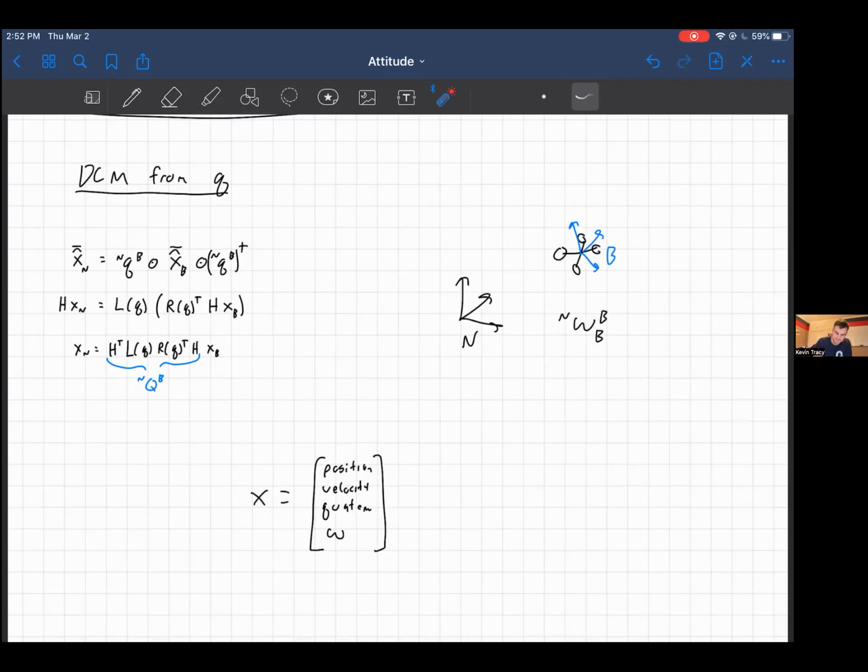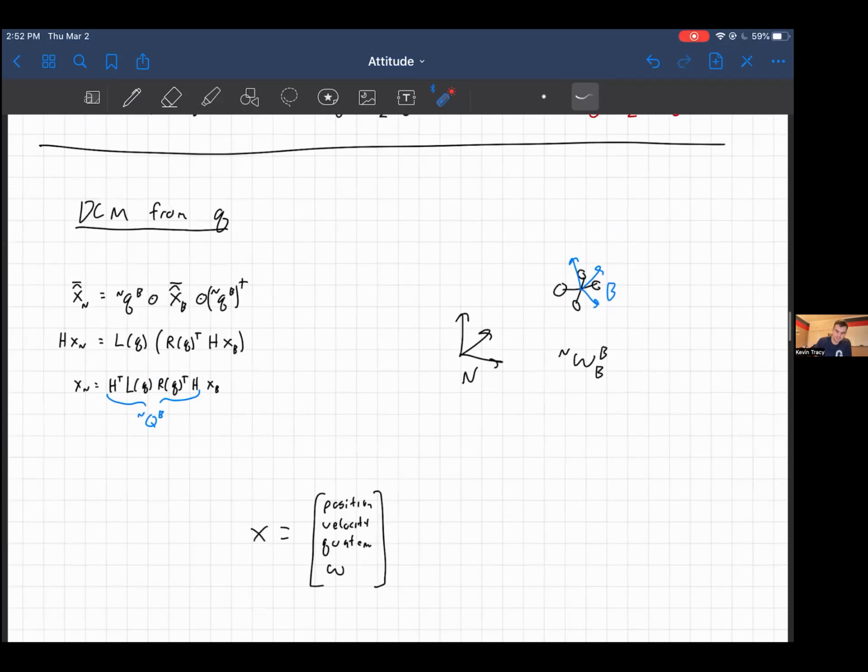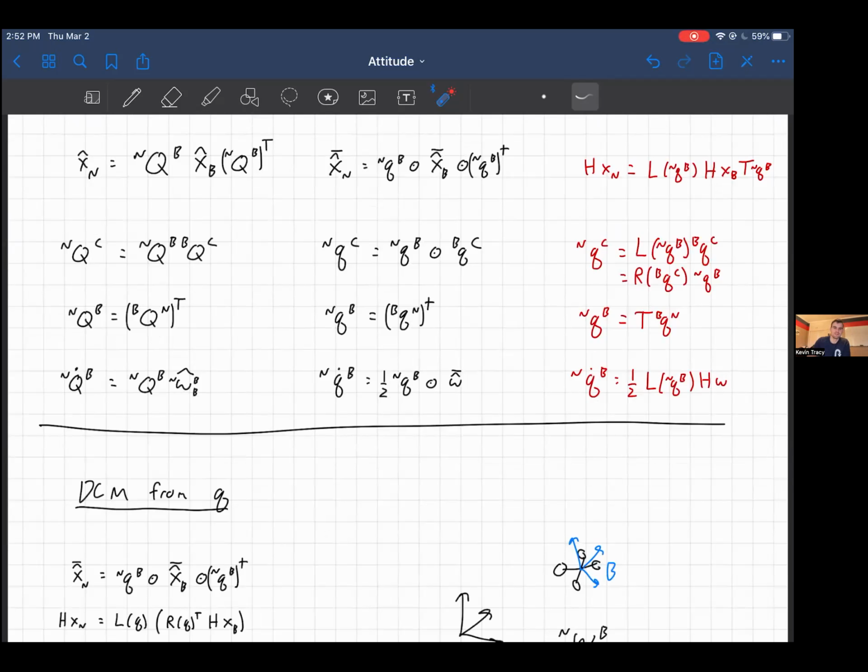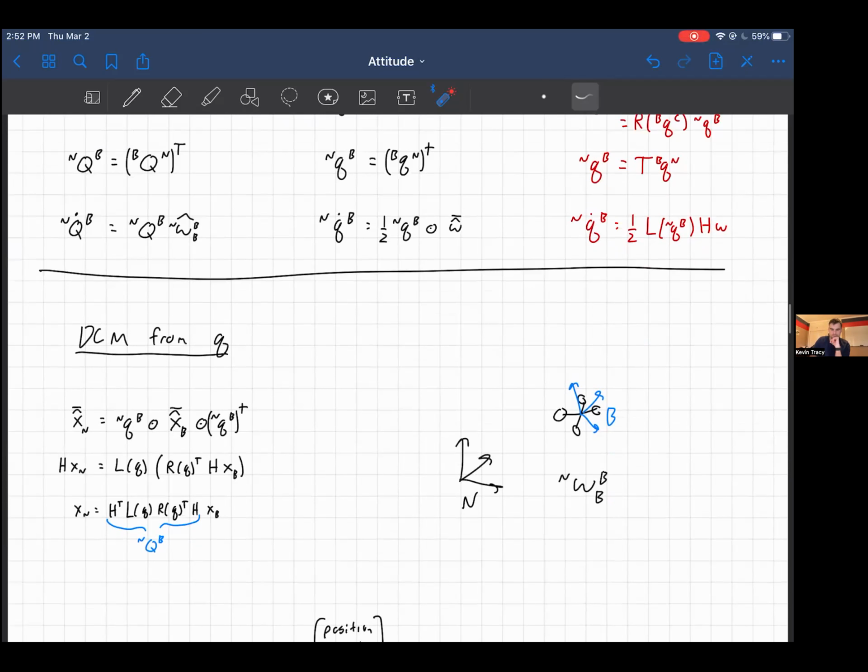Sweet. The next thing worth talking about is when I actually go and simulate these things. So I wrote down, sorry, go ahead. The follow-up question: is it a convention thing, or is it needed for this kind of application, that omega be expressed in the body frame? In general, this is what a gyro gives you, but basically we chose the convention to match the fact that the gyro gives us this.